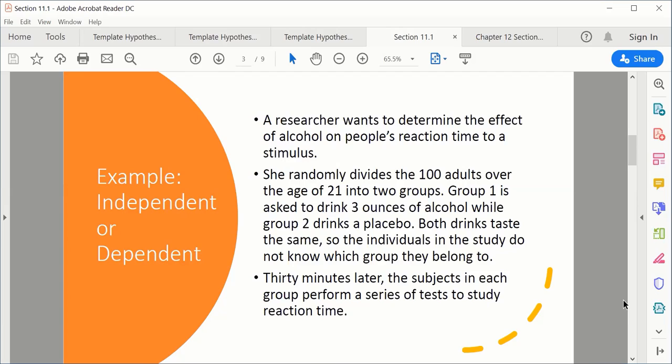Both drinks taste the same, so the individuals in the study don't know which group they belong to. 30 minutes later, the subjects in each group perform a series of tests to study reaction time. So the people that were put in one group are not determined by the people that were put in the other group. So this would be an independent sample, because there's no matching of the people in the two different groups.